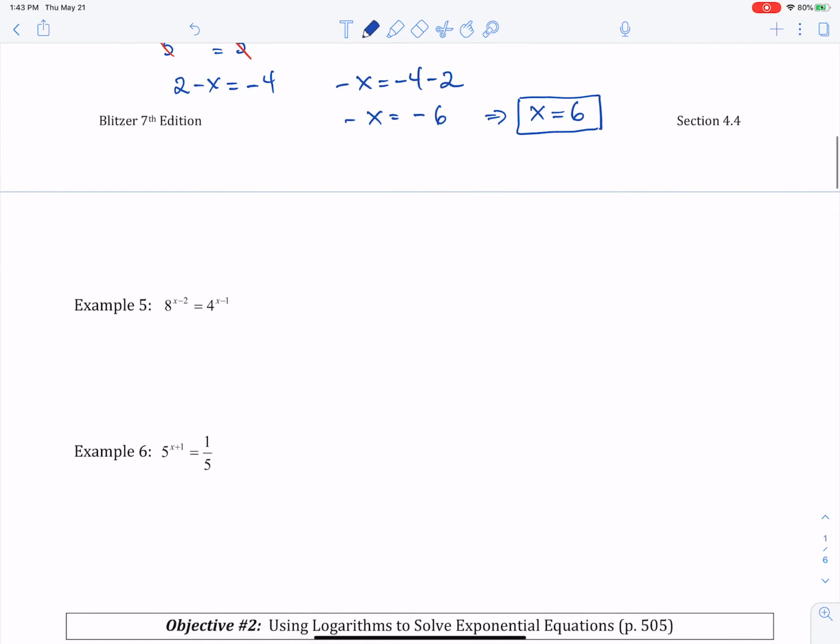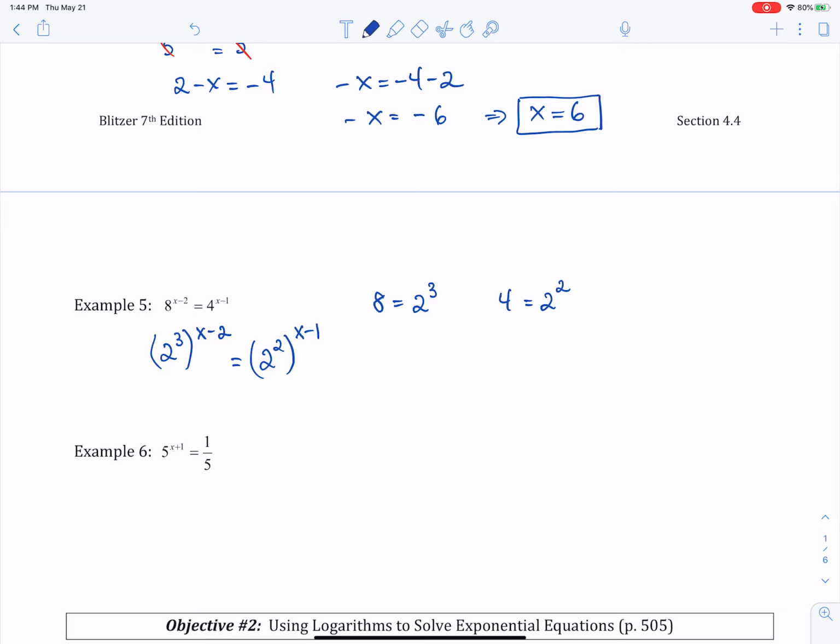The next question. Again, 8 to the power of something is not 4, neither is 4 to the power of something 8. However, 8 is equal to 2 to the third, and 4 is equal to 2 to the second. So we're going to say 2 to the third, raised to x minus 2, is equal to 2 to the second, raised to x minus 1.